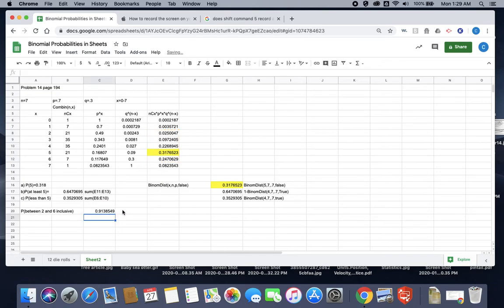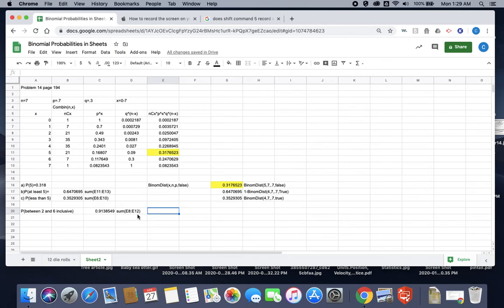And it will give us our answer. And again, we did a sum of E8 to E12. And that's one way you can do it.